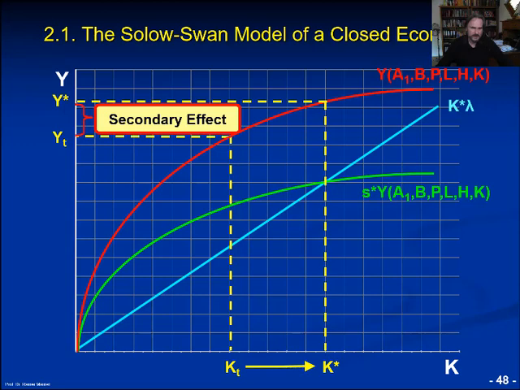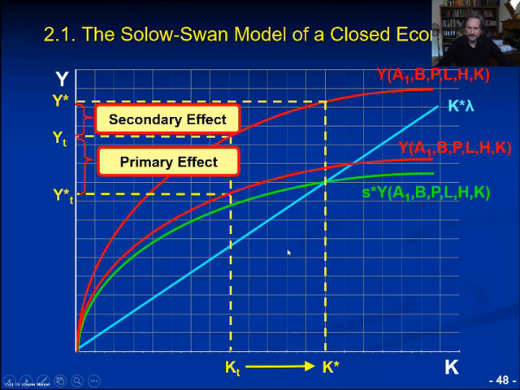The total effect of an increase of the available capital stock of technological knowledge can hence be split into a primary and a secondary effect. Like this.